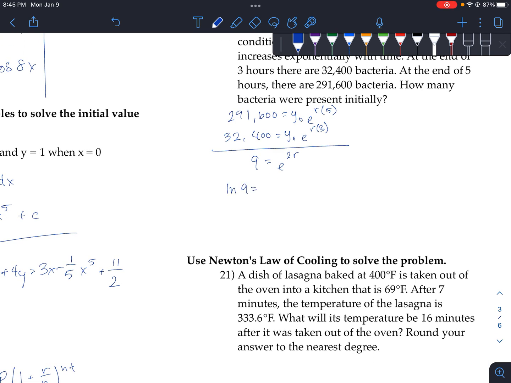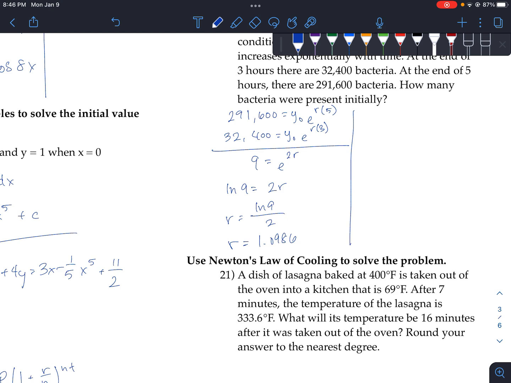So natural log of 9 is equal to 2r. So r will be equal to the natural log of 9 divided by 2. So r is equal to 1.0986. The more decimal places you keep, the better your answer is going to be, ideally.